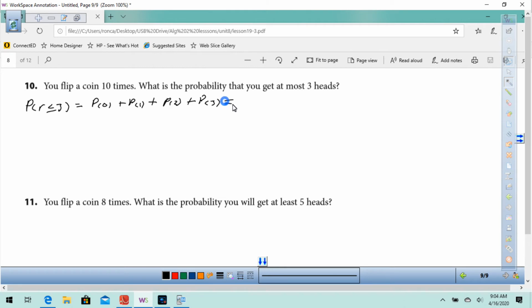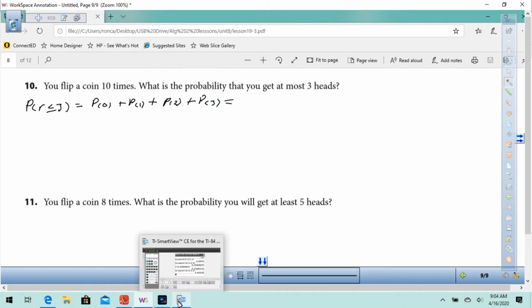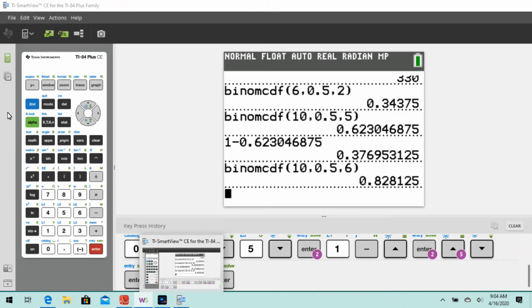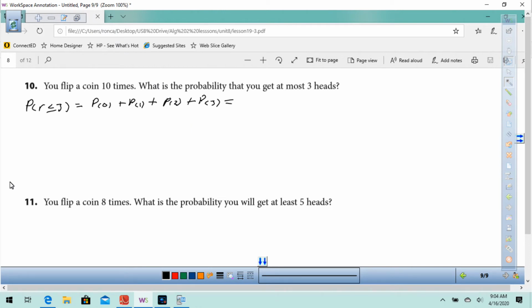Okay, let's do it first in the 84. We got to find a couple things. N equals 10, and then P equals 0.5. And that's because we're flipping a coin. There's only 2 sides to a coin, right?